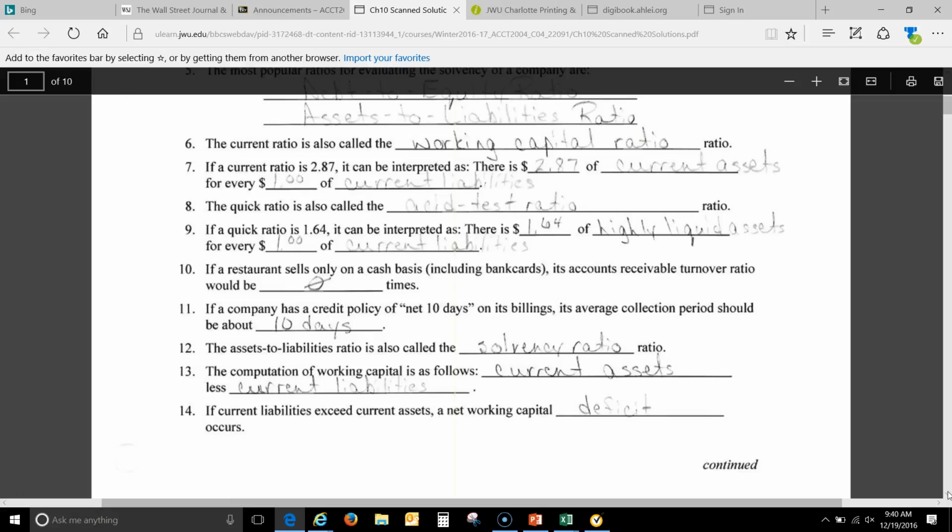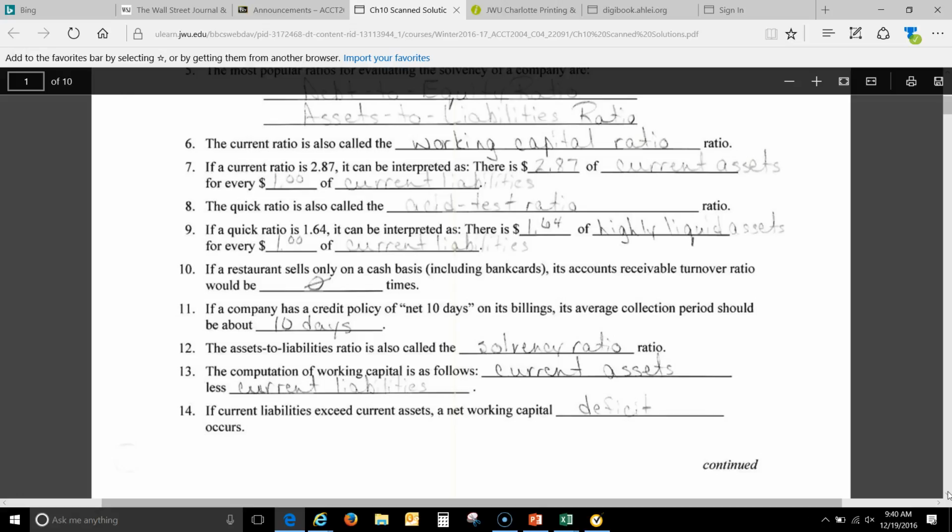I'll give you a hint. We calculated this one at the end of the PowerPoint slides, but we just calculated it as a whole number. Good, working capital ratio.